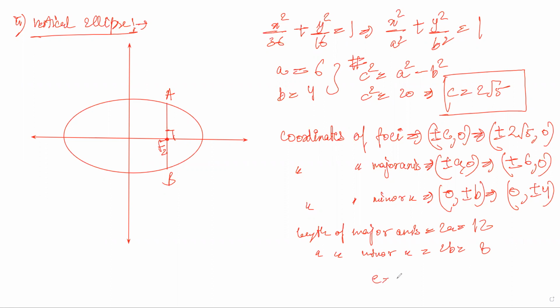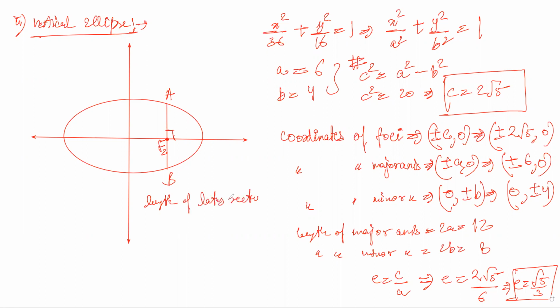Eccentricity, which is c by a. So we have c, and we also have a. Hence, eccentricity is root 5 by 3. And the last thing is length of latus rectum. It is 2b square by a.